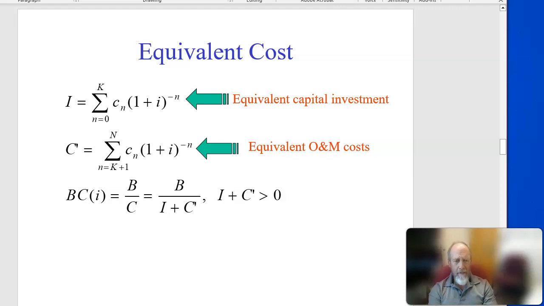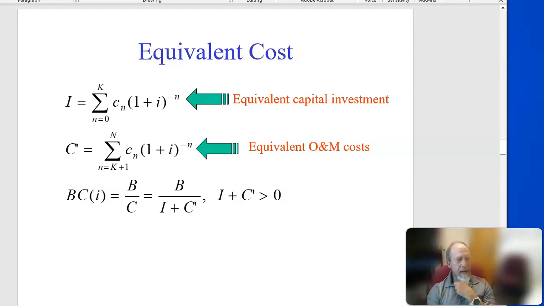That's money put directly into making or building or whatever. Operations and maintenance, O&M, is another cost. Now, the capital investments may occur prior to time zero, where the O&M costs will pretty much always occur after time zero, but they all come back to time zero.